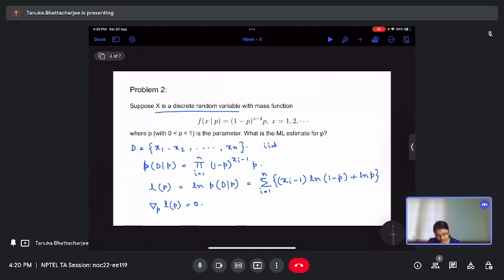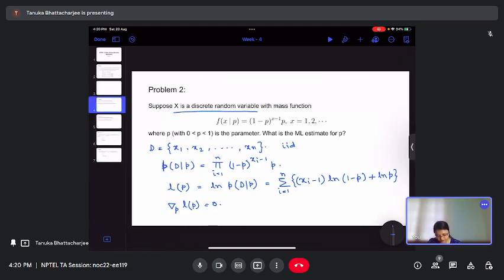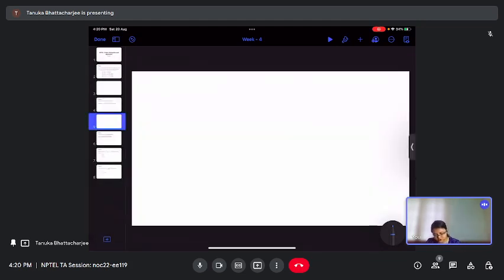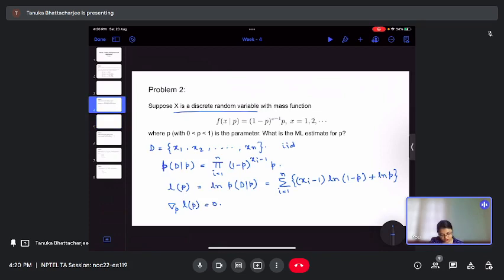So, if we do that, our log likelihood is given by this expression.